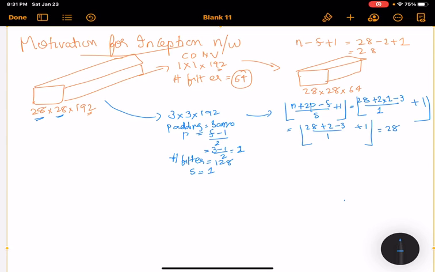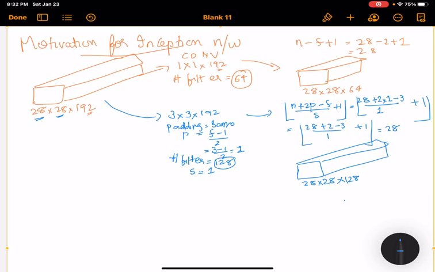So this results in again a 28 cross 28 image, but now with a depth of 128, which I get from the number of filters I have used, which is 128.